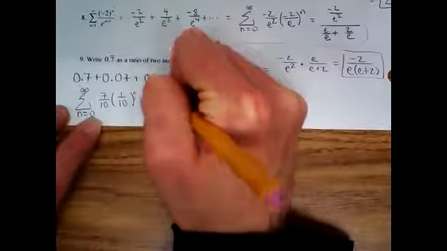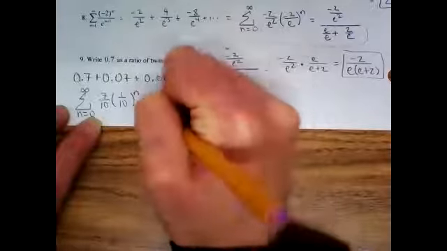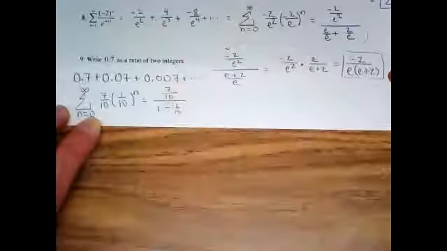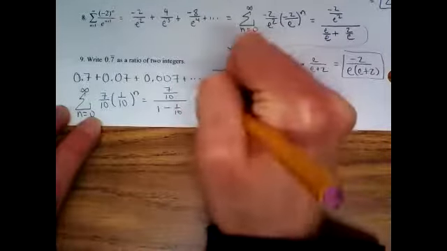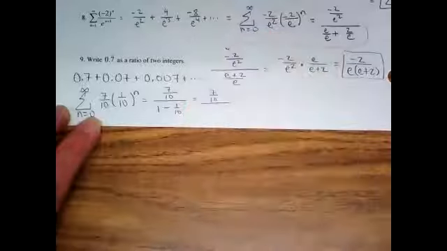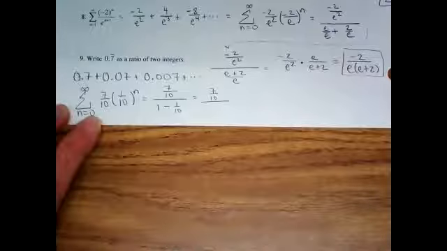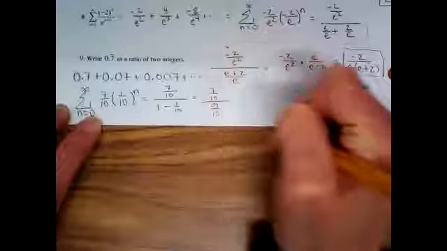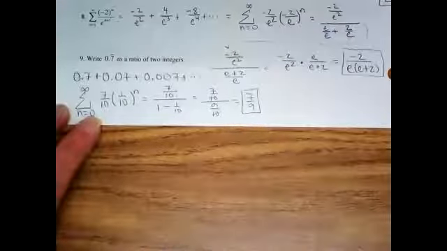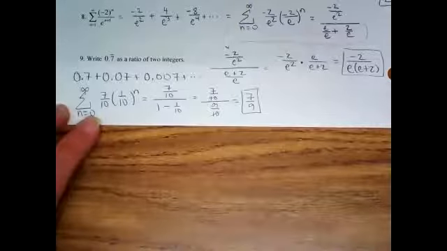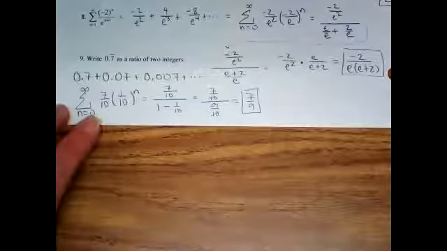So it would be 7/10 over 1 minus 1/10. And so that would be 7/10 over what? 9/10. 10s cancel. 7/9. If you don't believe me, go ahead and type 7 divided by 9 in your calculator.